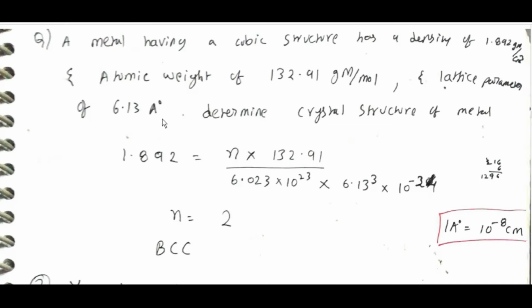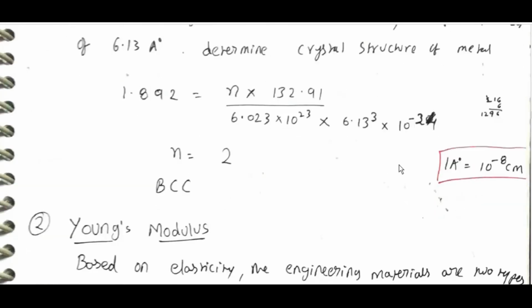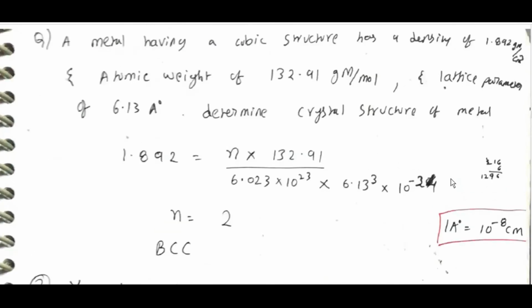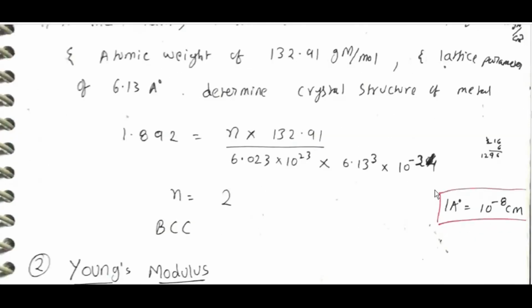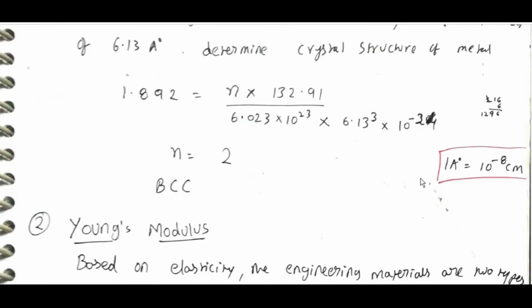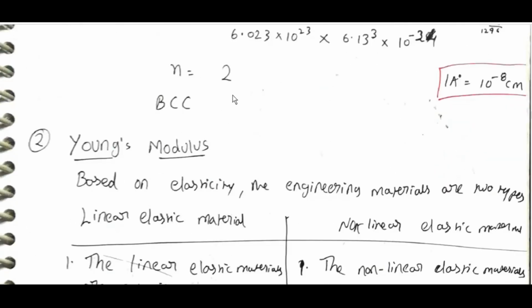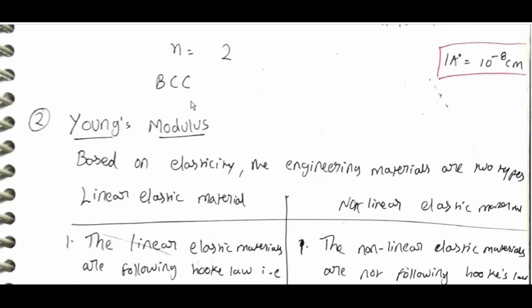Determine crystal structure of metal. 1.892 is equal to n into 132.91 by Avogadro number 6.023 into 10 power 23 into a cube, 6.13 cube angstrom, 10 power minus 8 centimeters, so 10 power minus 24. 1 angstrom is equal to 10 power minus 8 centimeters, which is 10 power minus 10 meters. So small n is equal to 2. So it is a BCC cubic structure.